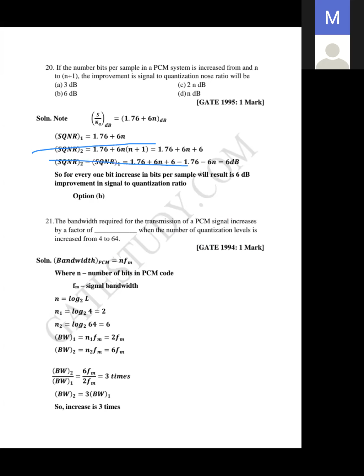Now SNR2 is 1.76 plus 6 into n plus 1. If we compare, subtracting SNR1 from SNR2, the value is 6. So the answer is 6 dB, a 6 dB increase per extra bit per sample. Just substitute n first, then substitute n plus 1, and we get the desired outcome.